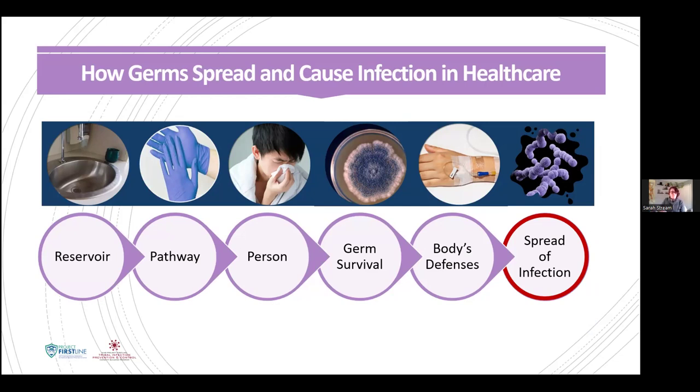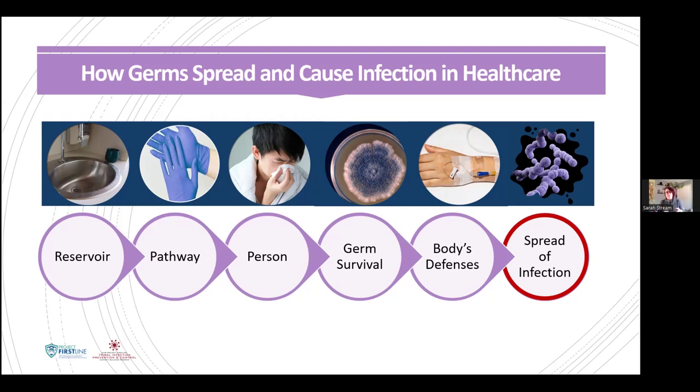So the first, we have to have a reservoir, or where the germs live. We also have to have a pathway, or how the germs travel. We also have to have a person that's susceptible to that germ. We have to have a germ that can survive, and we also have to have a break in the body's defenses.